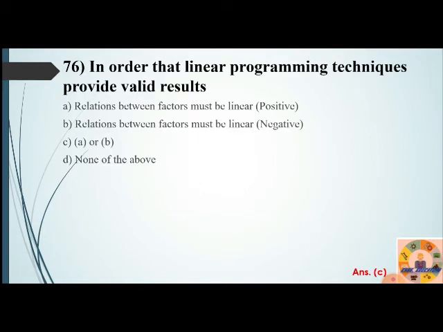Next question is, in order that linear programming techniques provide valid results, option A, relations between factors must be linear, which is positive, or option B, relations between factors must be linear, which are negative, or option C, A or B, any one of them, or option D, none of the above.